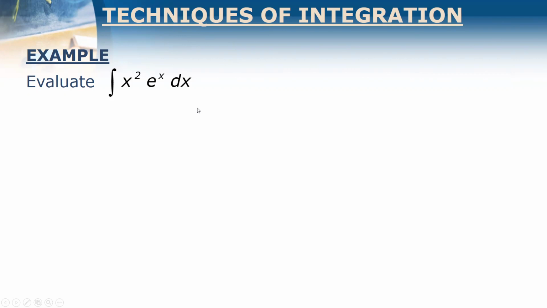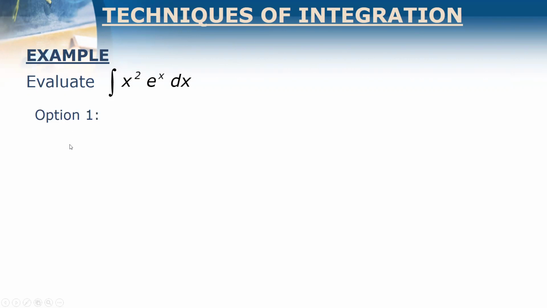Because for beginners, you don't have any idea, okay, what will be your u and what will be your dv. So first, you have to choose several options and then later select kung what option will result to a simpler na integral.